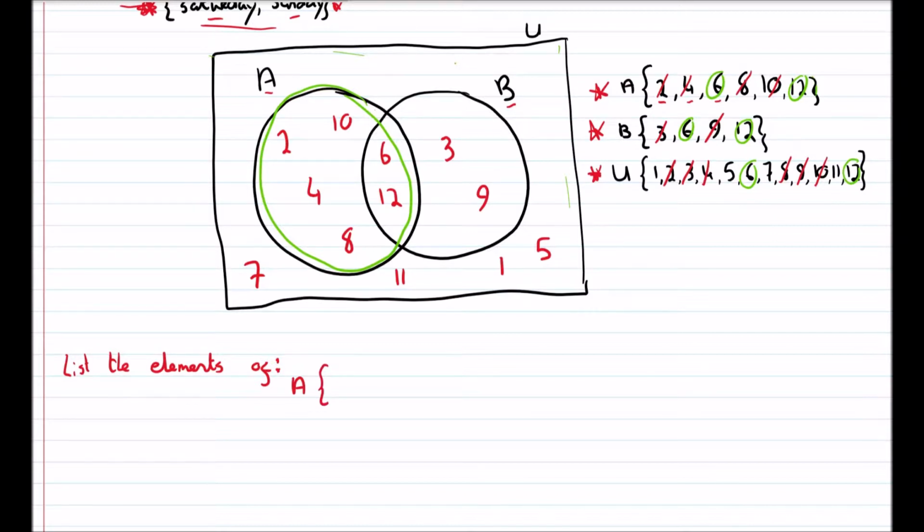Again, we'll put our squiggly brackets, and we have 2, 4, 10, 8, 6, and 12. And we could put them in order as well.